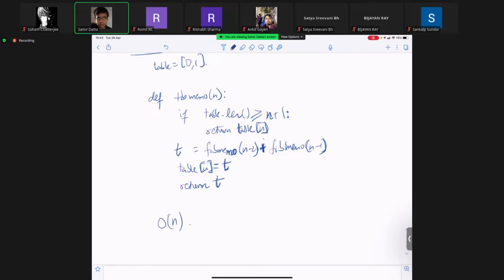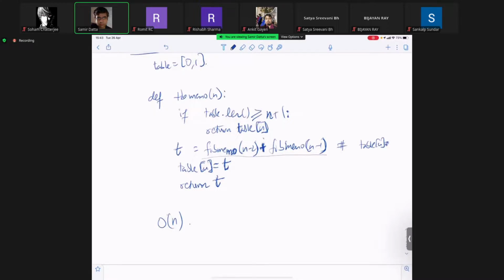Okay, the previous code said table n is equal to this quantity, correct? So can somebody try it and tell me whether it works or not? The problem I think would be that Python would try to check this left hand side.